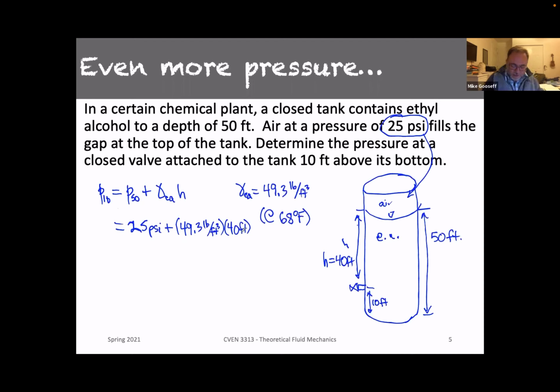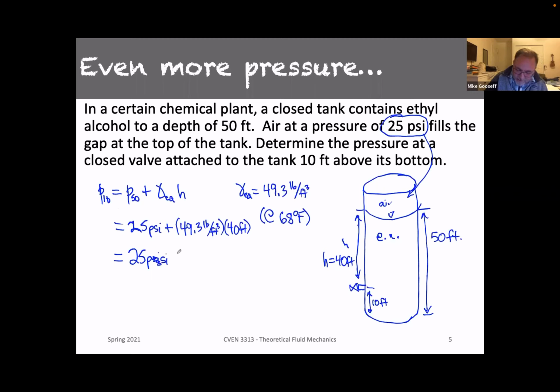Sorry, this is getting a little bit squished. But now I'm going to take this one step further. I'm going to multiply out that second term. And I'm doing this to just kind of make a point. So this is 25 psi, pounds per square inch.